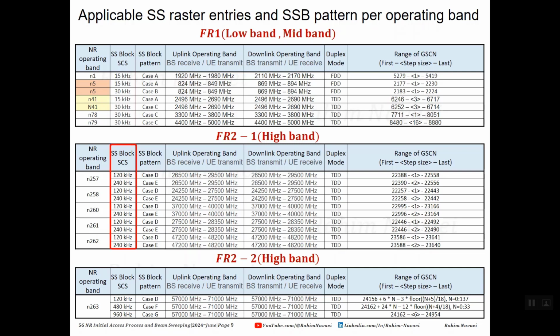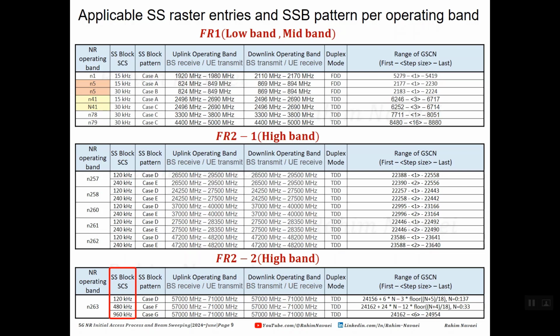The SCS values of 120 to 240 kHz are applicable in frequency range 2-1, and the SCS of 120, 480, and 960 kHz apply to FR2-2. The default subcarrier spacing has been specified for each operating band.